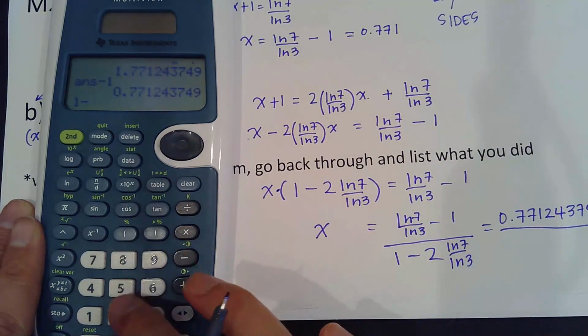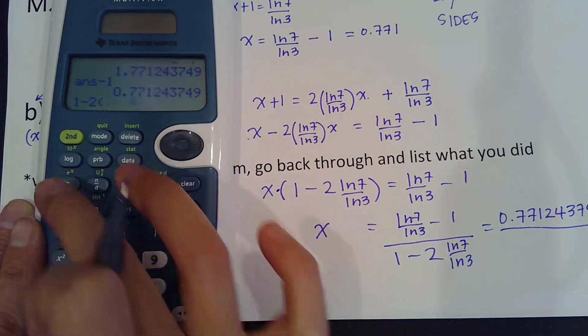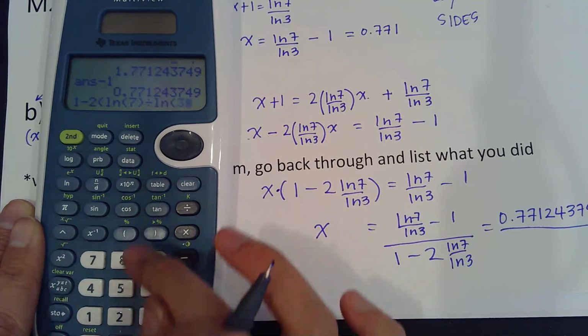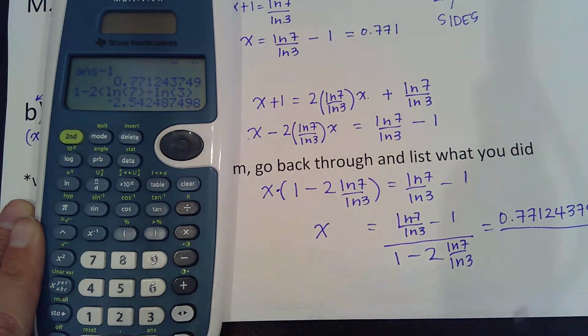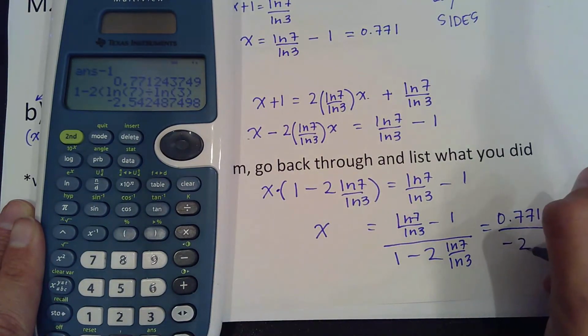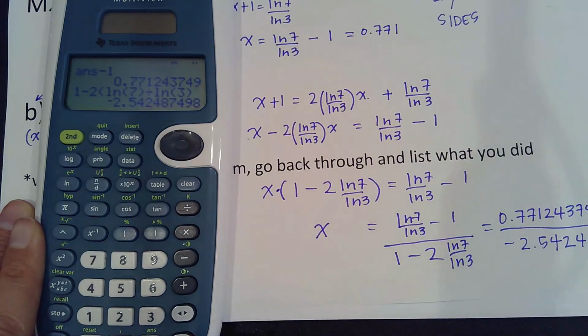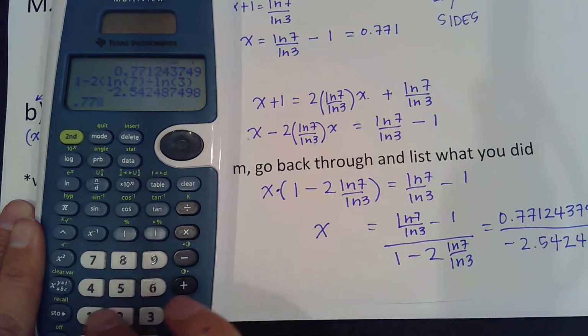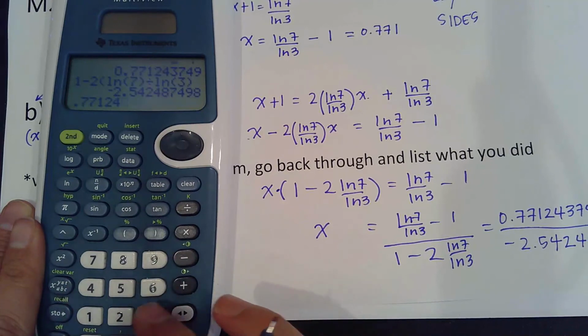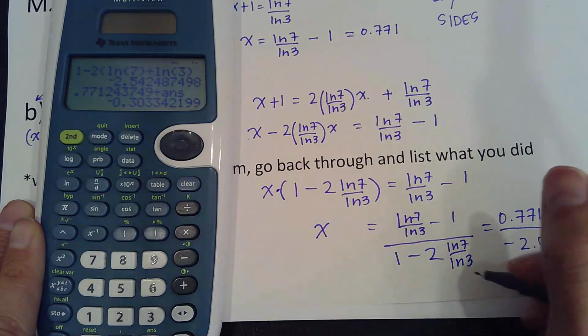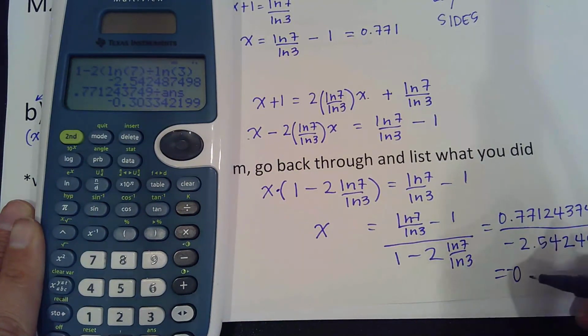Then 1 minus 2 natural log of 7 divided by natural log of 3, so it'll be a negative 2.542487. So 0.7712433749 divided by that is going to be negative 0.3033.